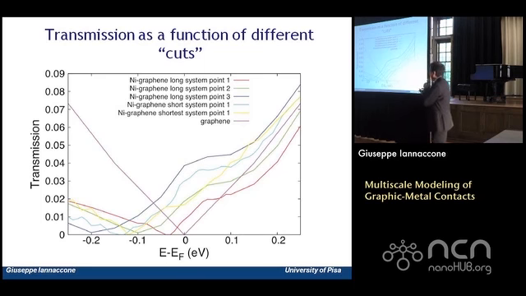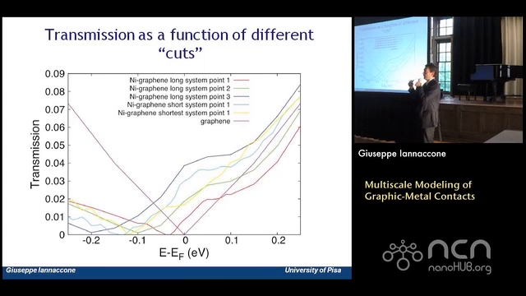You see that the curves are very different. If we want to compute the conductance, we need to, according to the Landauer formula, integrate the transmission coefficient around 0, around the Fermi energy. And of course, you see that the result will depend a lot on which curve we choose, which means on where we cut.